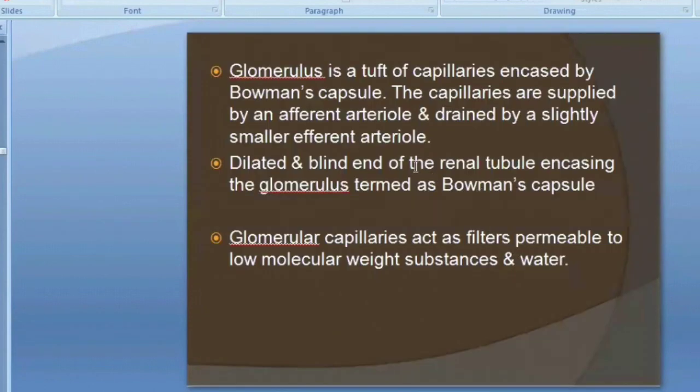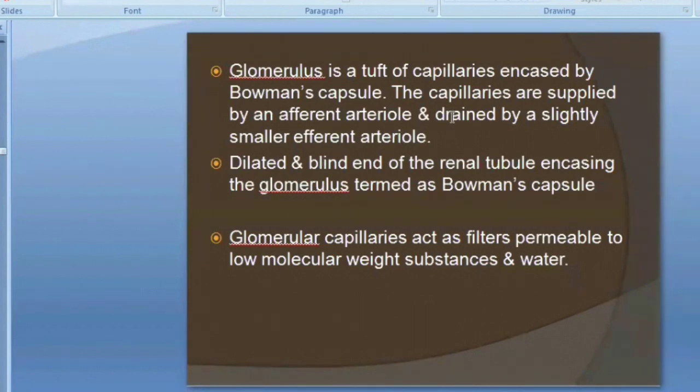Now come to the point. As we saw, glomerulus. What is glomerulus? This glomerulus is a tuft of capillaries, about 50 capillaries, encased by Bowman's capsule. The capillaries are supplied by the afferent arteriole and drained by a slightly smaller efferent arteriole. Is it clear?